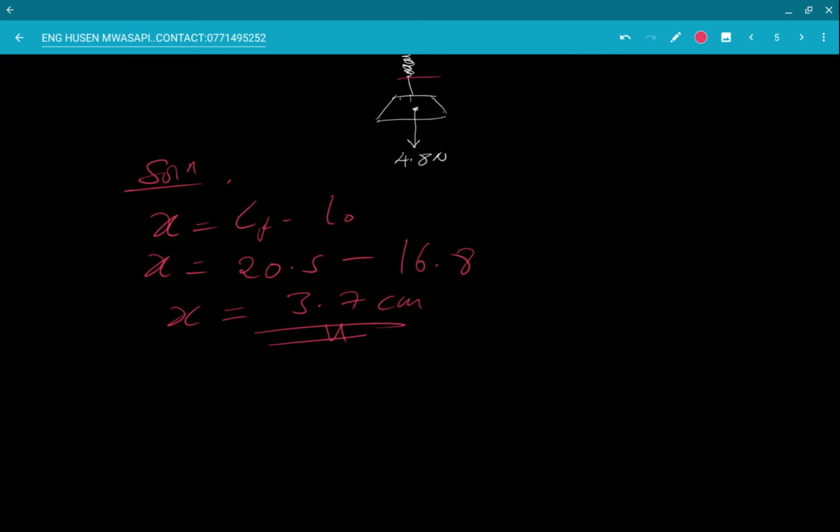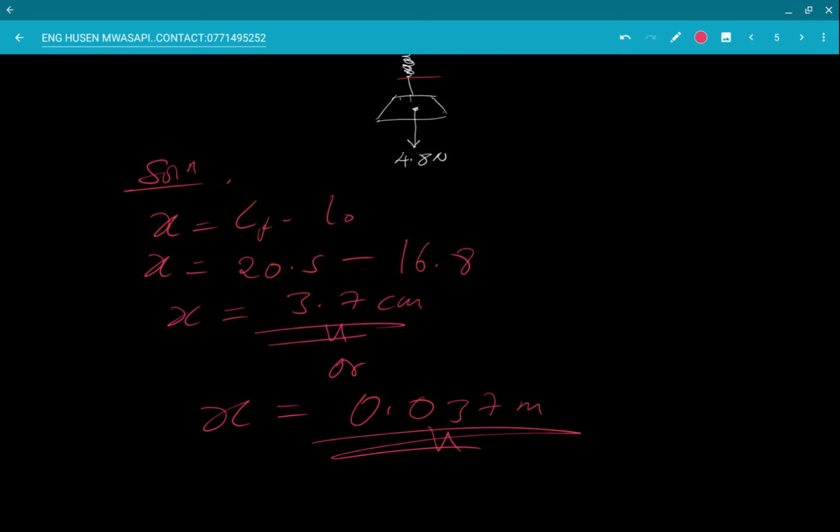But just for the sake of other people, we can convert this. We can say, okay, extension can also be equal to what? Extension can also be equal to, now 3.7 centimeters converted to meters is just 0.037 meters. As simple as that.